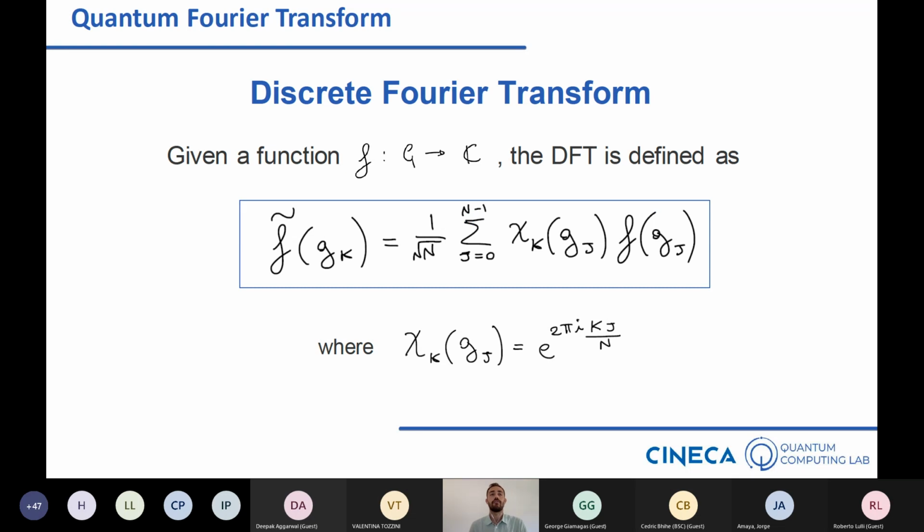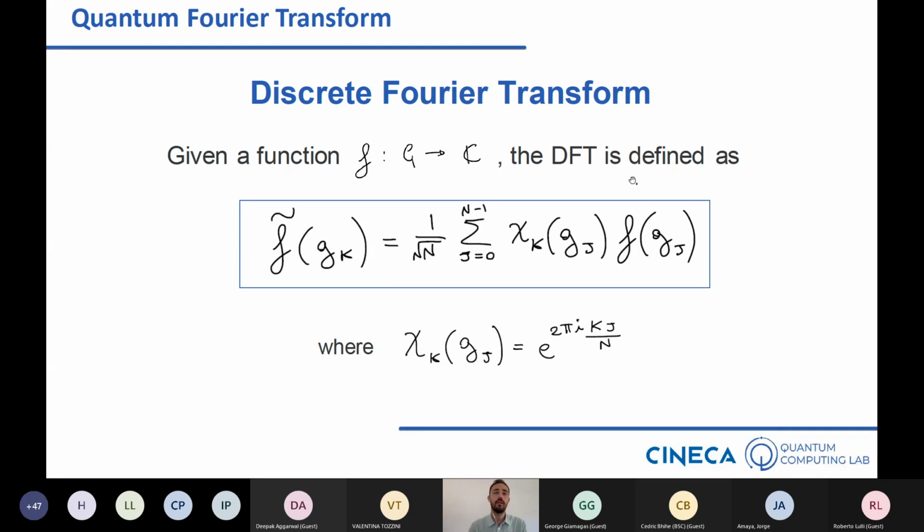You have a function from the input space G to the complex space C. The discrete Fourier transform is defined in this way. It's a summation where the coefficients are e to the 2 pi i kj over n. So the phase is like this.